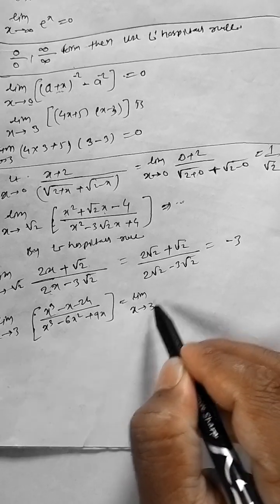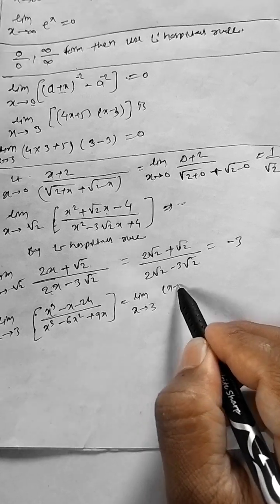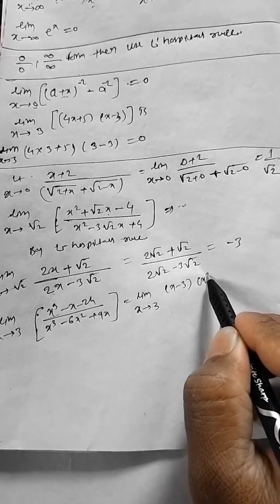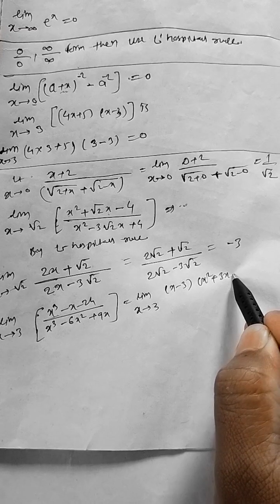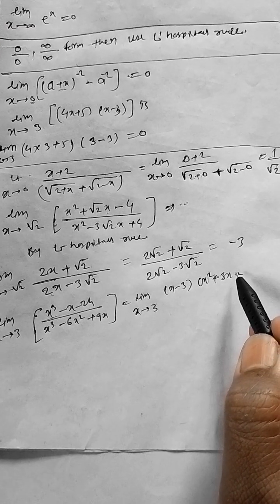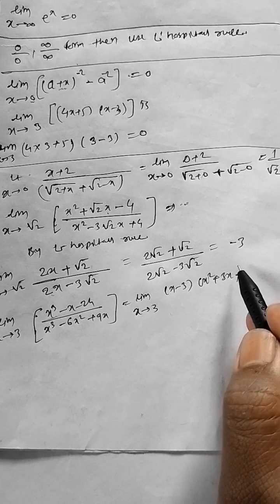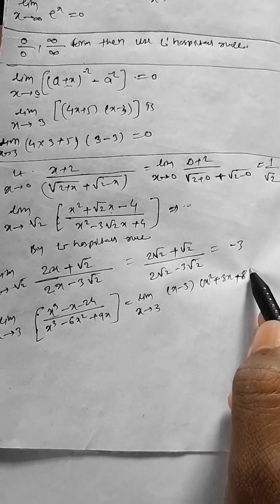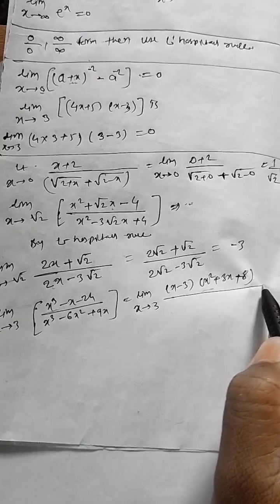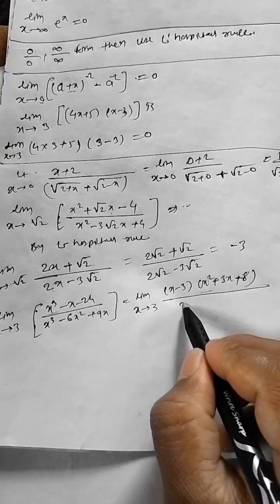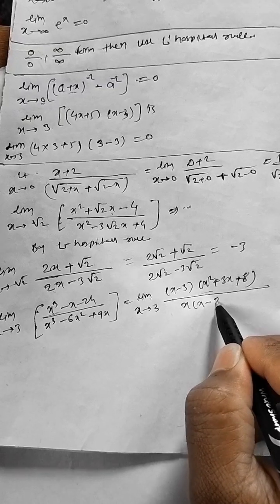Limit x tends to 3 of (x minus 3)(x square plus 3x plus 8) divided by x into (x minus 3).